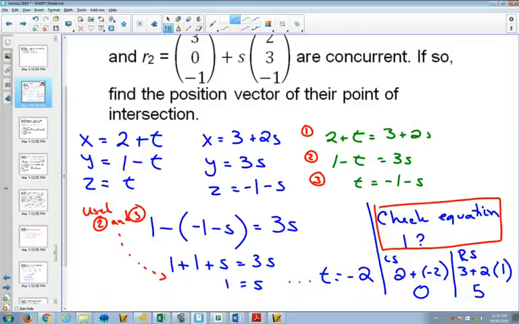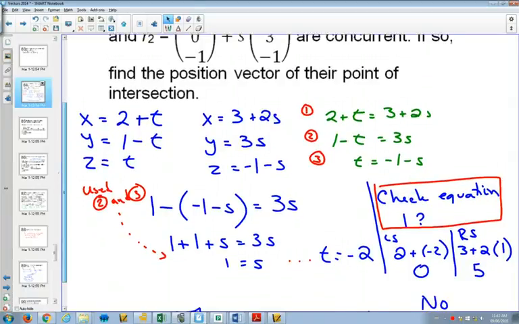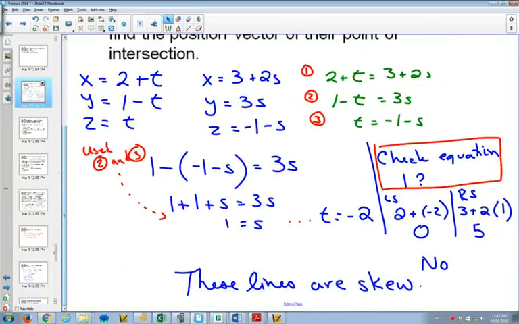And when I plug in -2 for t and 1 for s, I don't get something that's the same. If I did get something that's the same, then I could find a point of intersection. But since I didn't get something that's the same, these lines are skew. They're not parallel, but they never intersect.